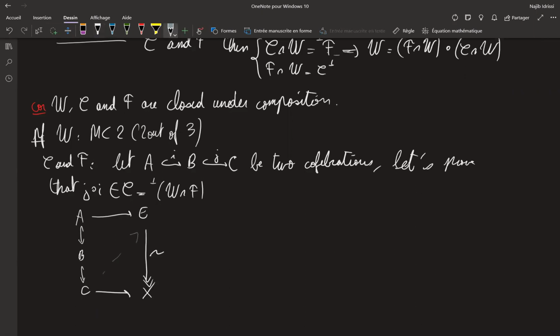But now what you can do is rewrite this diagram. Let me keep this one. You can first rewrite the diagram like this and find the first lift here, because this is a cofibration and this is an acyclic fibration. And now you have a new diagram like this.